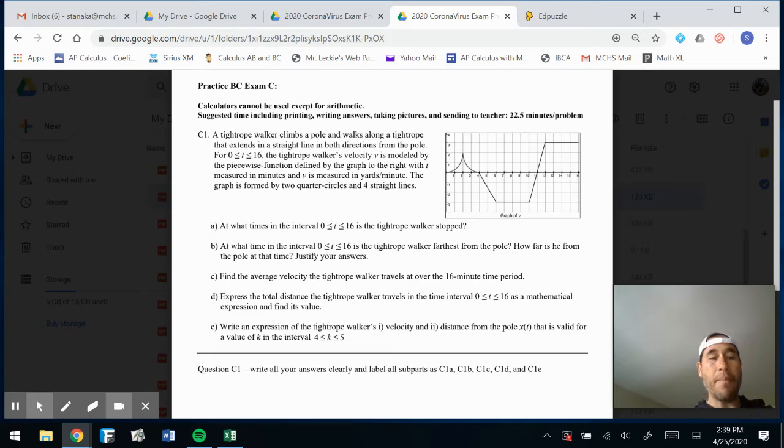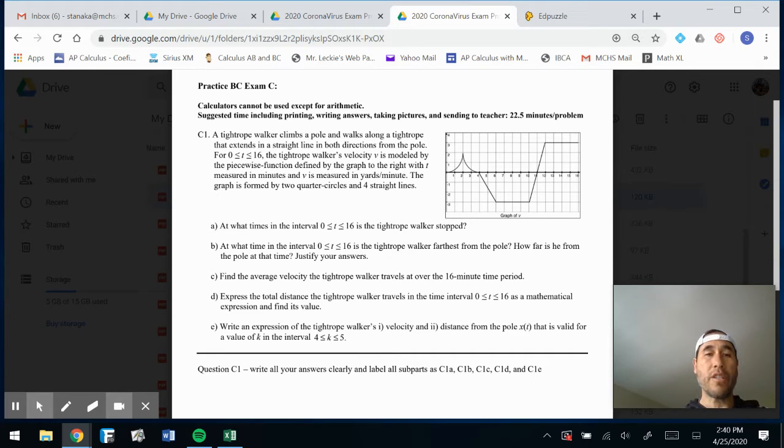So your job this week is to type out this problem. Directions will be on Google Classroom. Print it out, write down your answers, take a picture of it, and submit it to me. After you're done doing that, then watch this video and let's see how you did. So that's the goal.